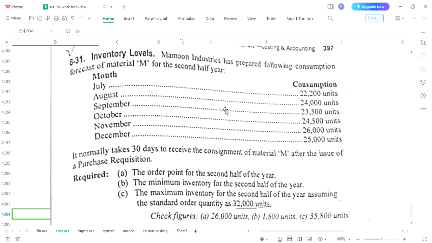So both are not matched. So what you will have to do, either change these requirements into days or change this time into months. Why? Because units are given in terms of months. So this is your monthly requirement, while time has been given in days.